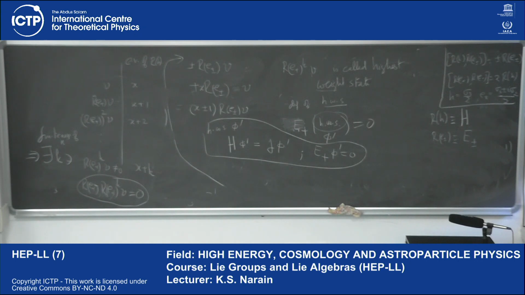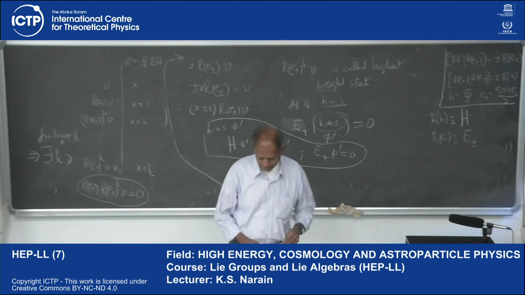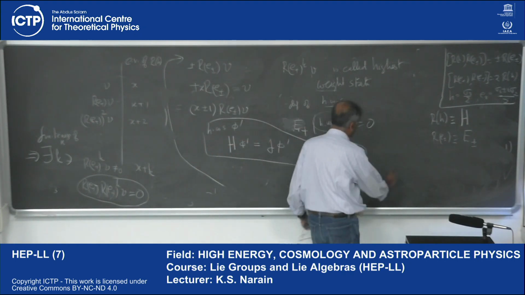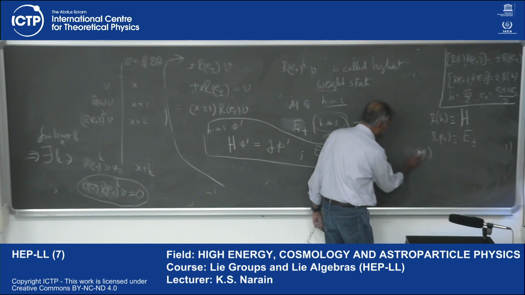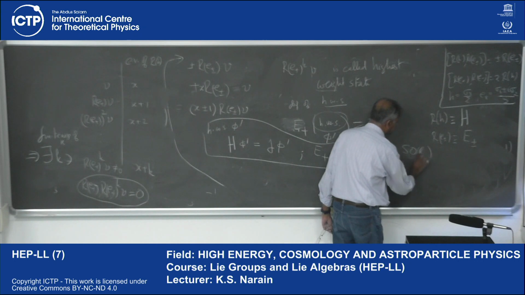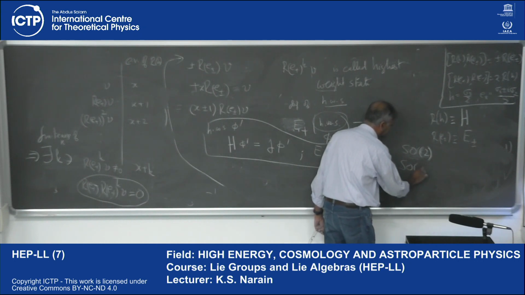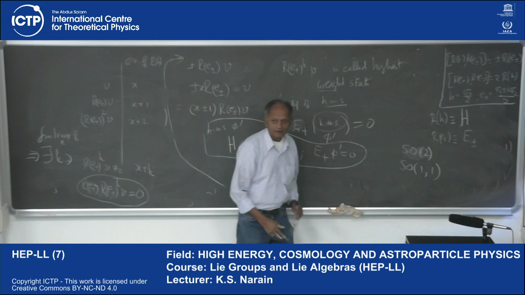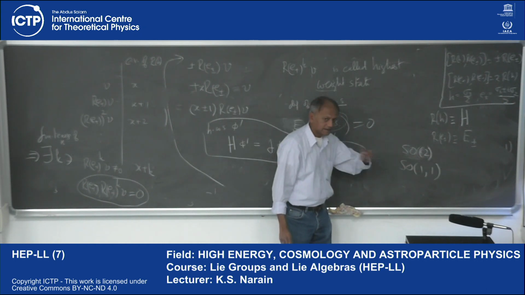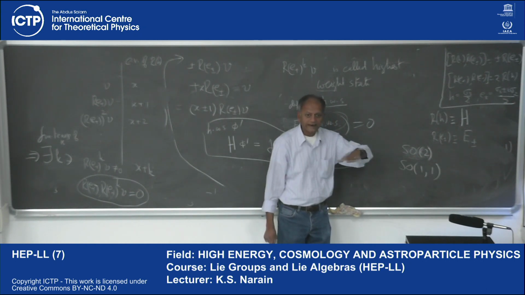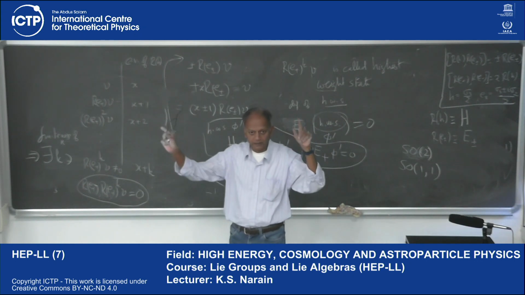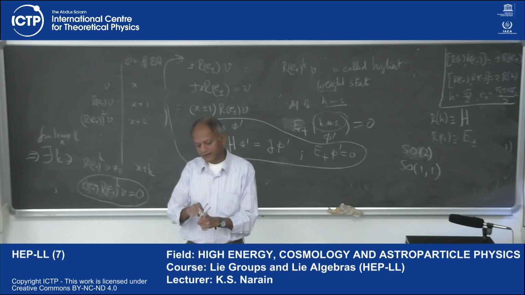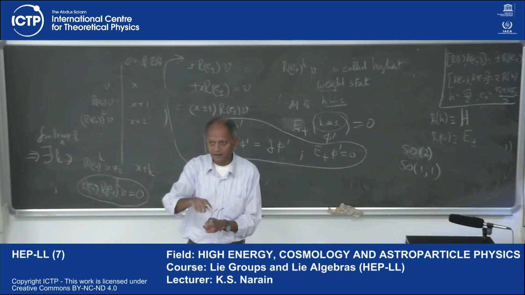In fact, it turns out that, you remember that we discussed U1 or SO2 and SO(1,1). SO2 preserved the length on a Euclidean plane, right? SO(1,1) was the Lorentz transformation, in a plane where say one of them was the x coordinate, another was the time.